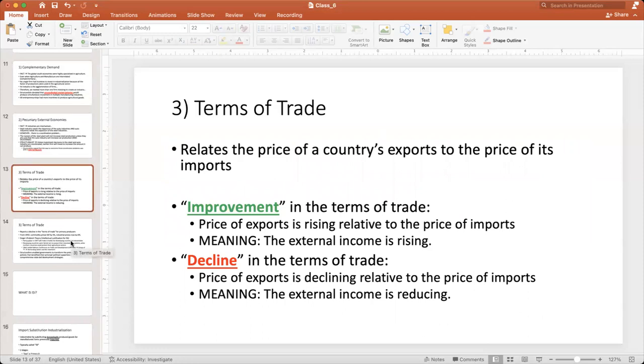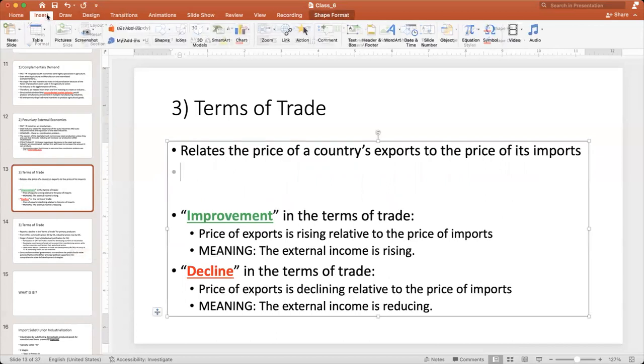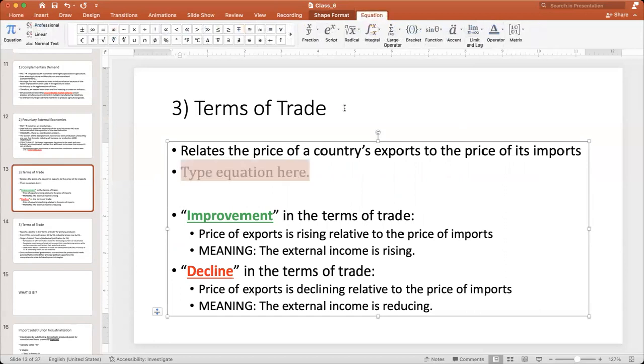What are the terms of trade? They relate the price of a country's exports to the price of its imports. Let me write an equation.